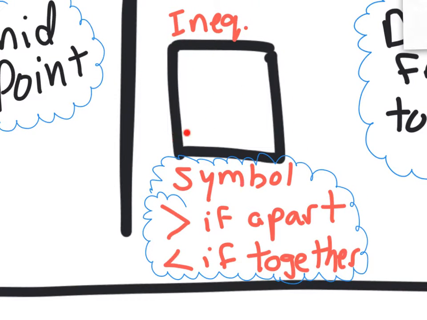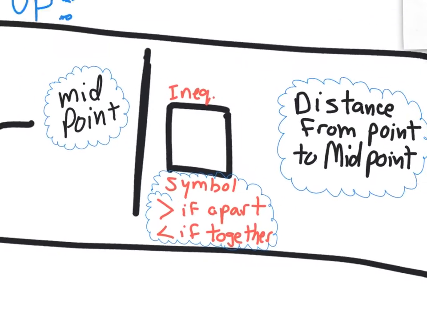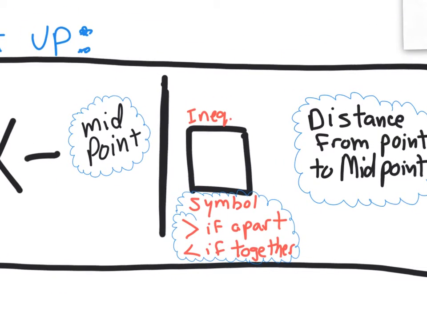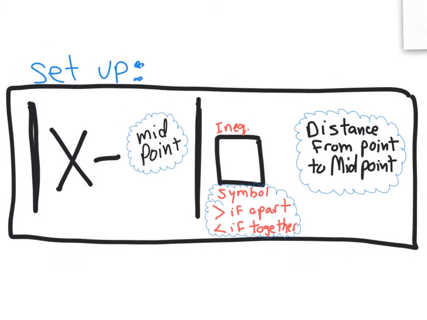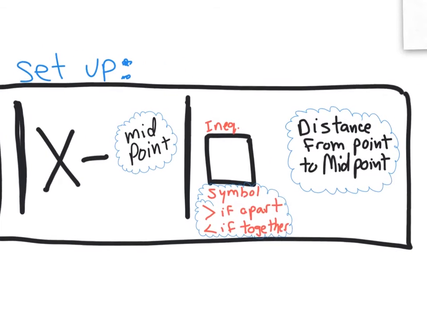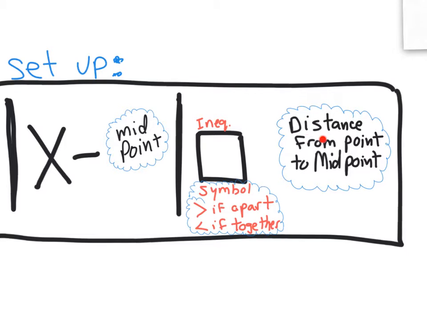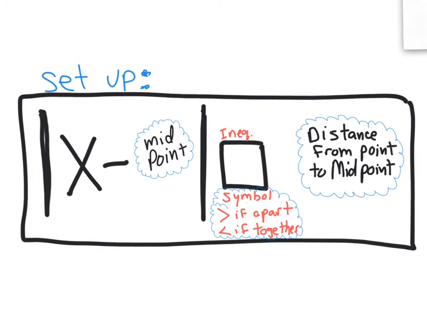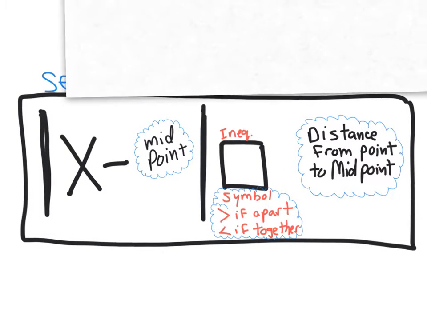It's a greater than symbol if the areas are apart, and a less than symbol if it's together. And the number on the right side of your setup is the distance from your point to the midpoint.